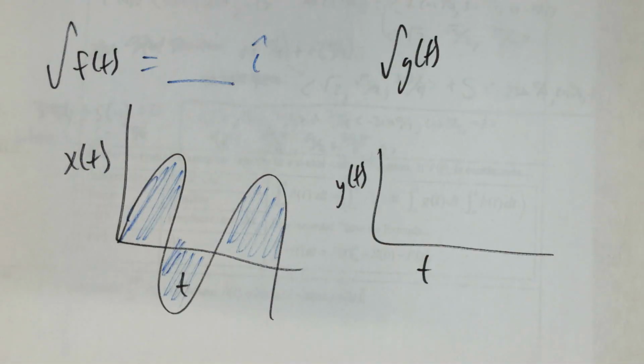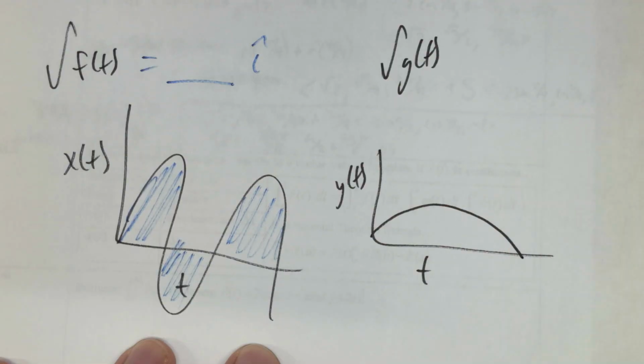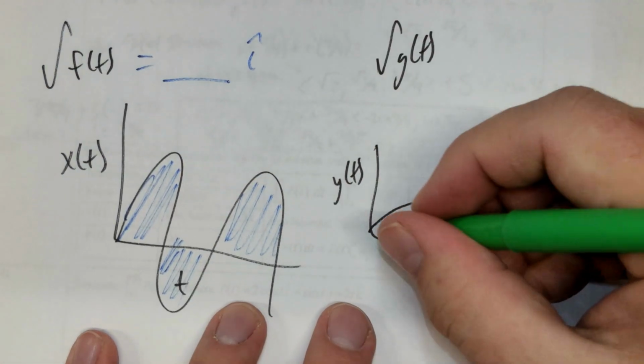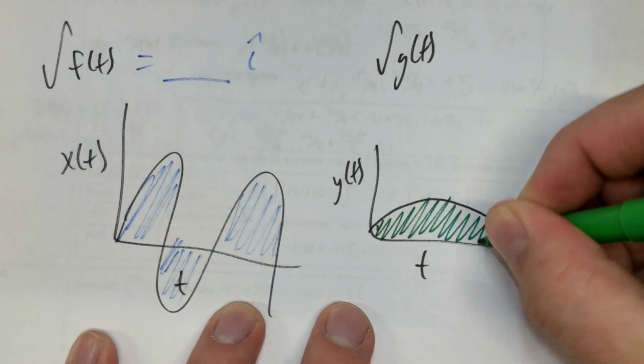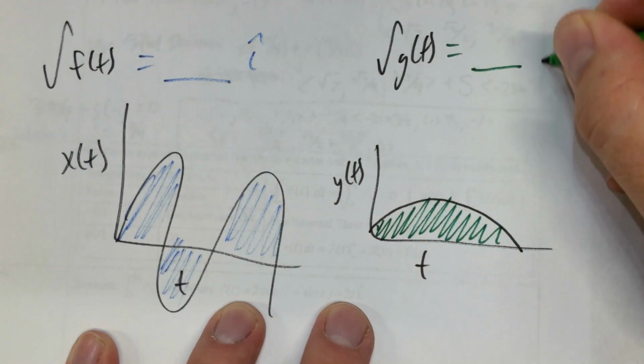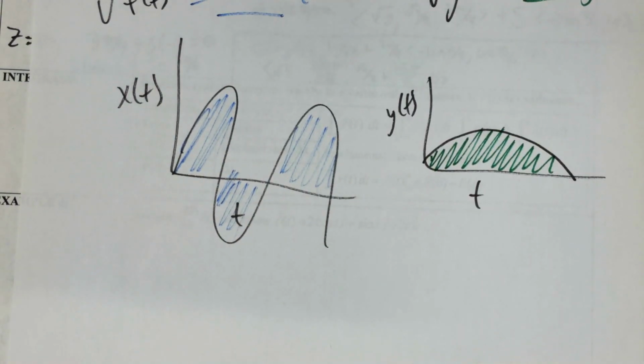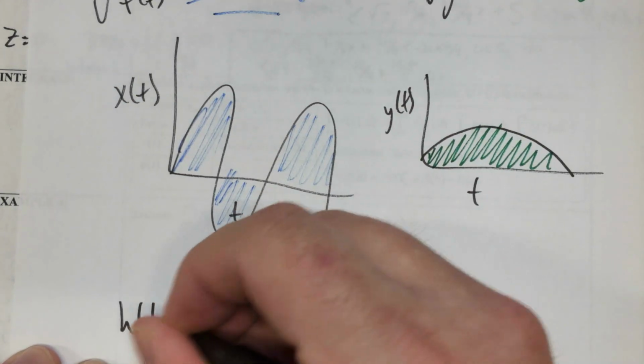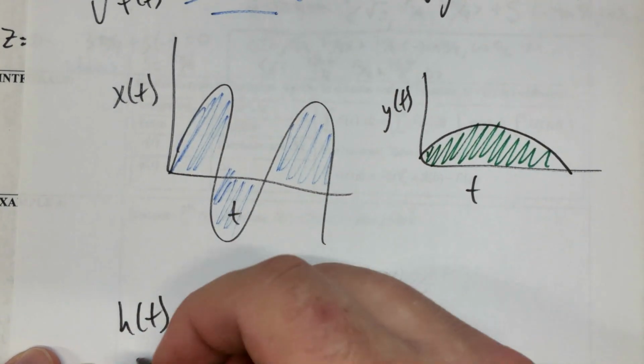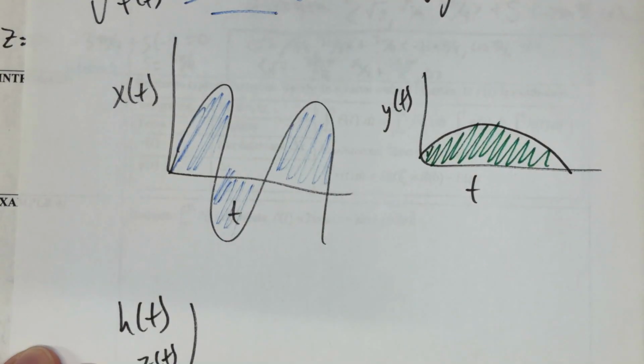Now, when I integrate the g of t, the center function, again, this relates y of t to t. And now I have some kind of curve, I'll call it something like this. Well, that integral is going to take this area and output that area in the j direction. And last but not least, when I do the h of t function, you're going to see the same thing happen where this outputs in the z direction.